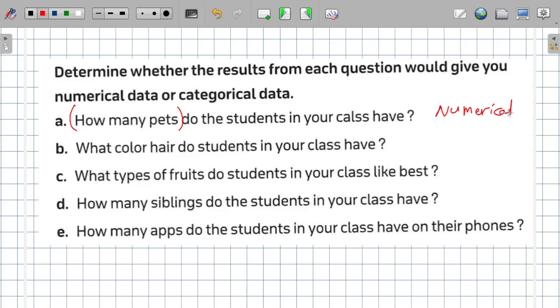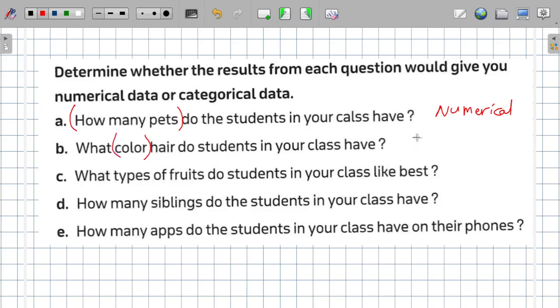Okay, the second one, what color hair do students in your class have? So I will ask the question again. In this question, am I asking about number or thing? I think it will be thing, because I'm asking about the hair color.